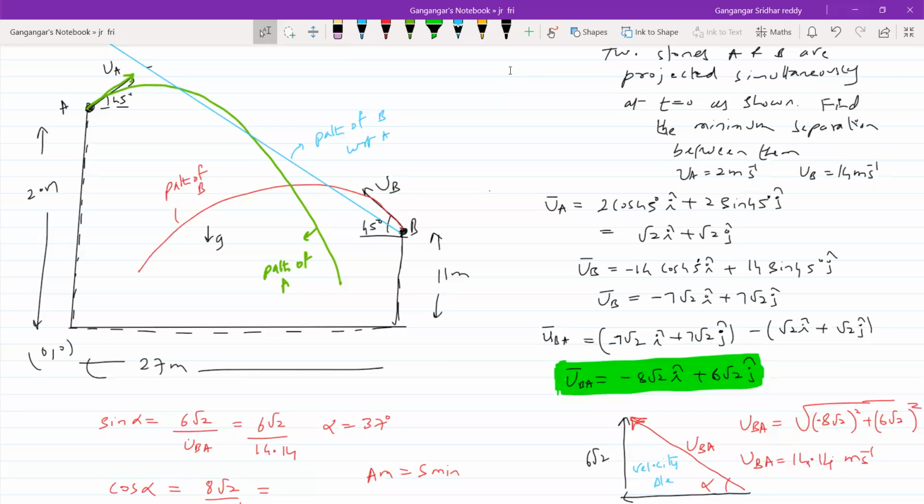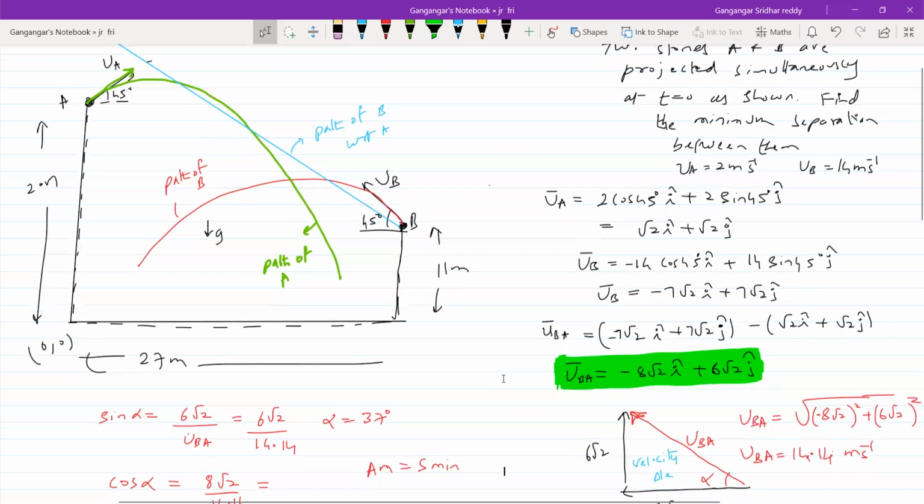You can calculate the range, everything. Check it, draw the exact path. This is only an estimation. After getting the UBA value, what happens to gravity? The relative acceleration is 0. So with that we proceed this way. Then we get the velocity triangle after getting UBA. Then there I'll find sin alpha.